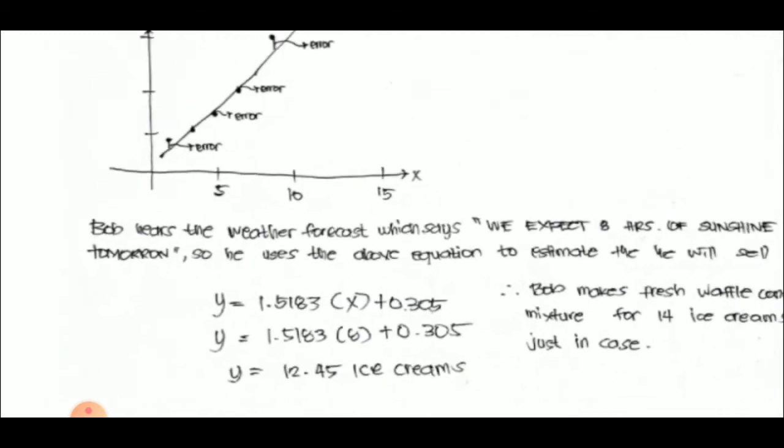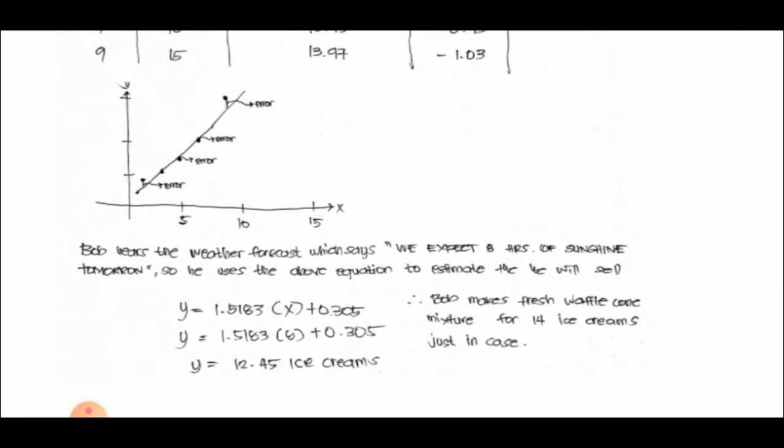So in our sample problem number 1, Bob hears the weather forecast, which says we expect 8 hours of sunshine tomorrow. So he uses the required equation to estimate how much ice cream he will sell.